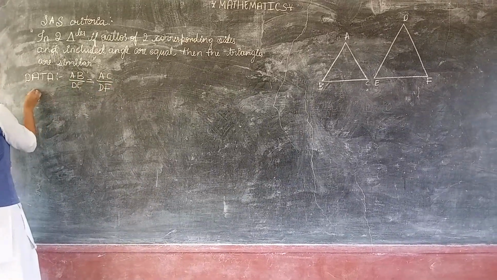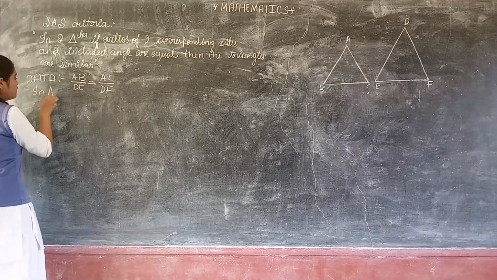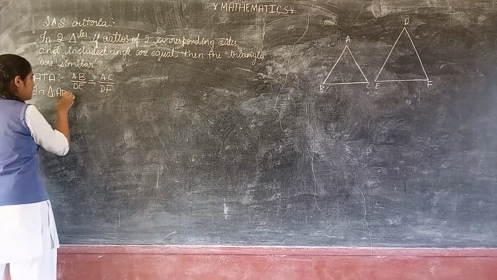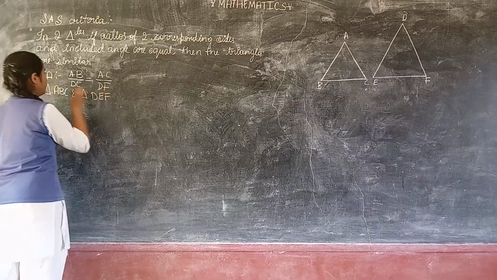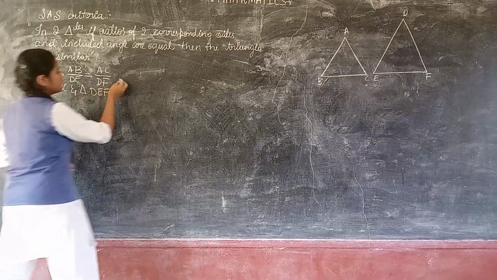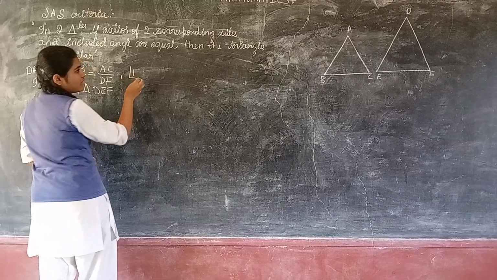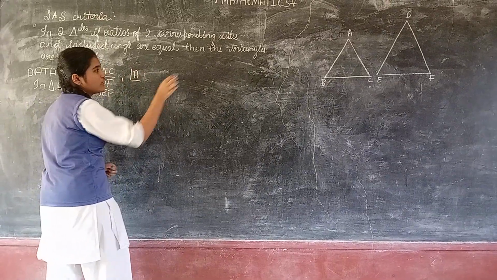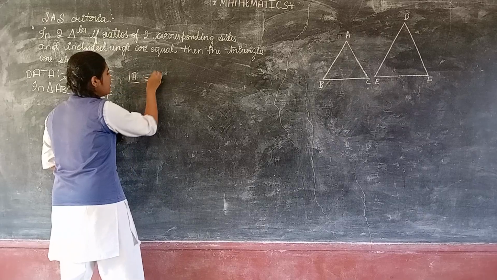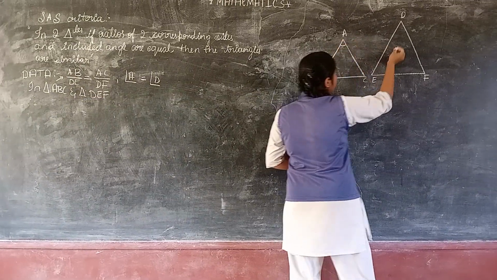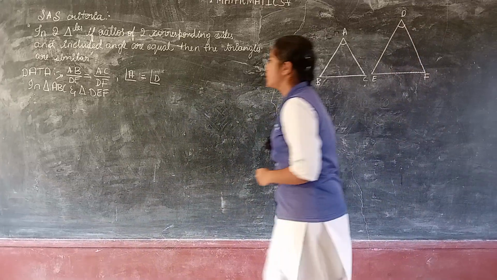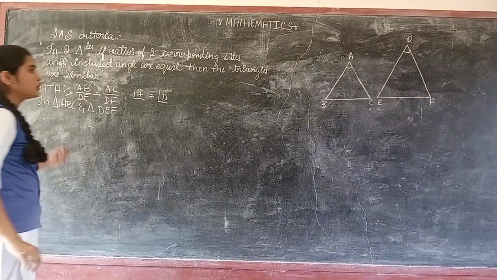Firstly, you have to write in triangle ABC and triangle DEF. Then angle A, which will be the included angle for the first triangle, will be equal to angle D. Now, next will be to prove.